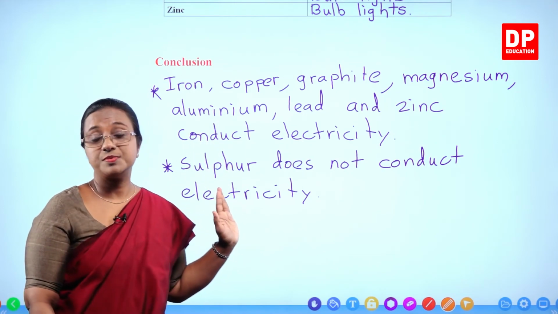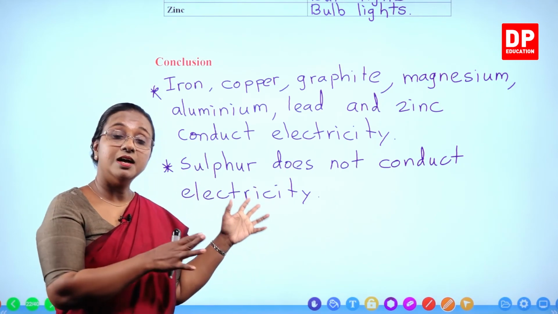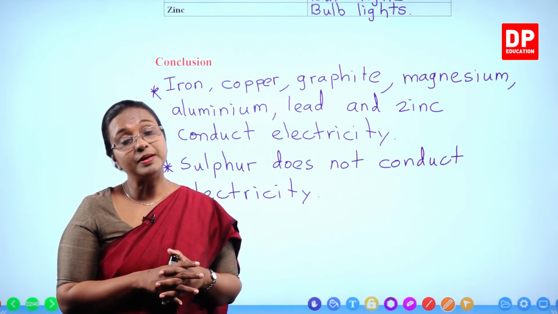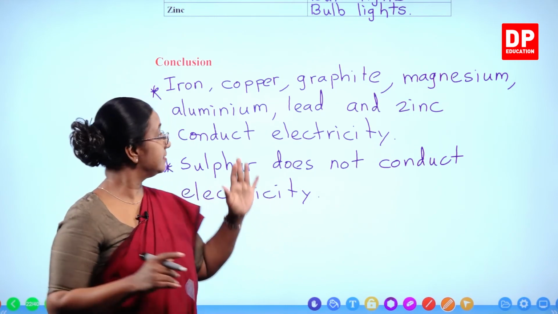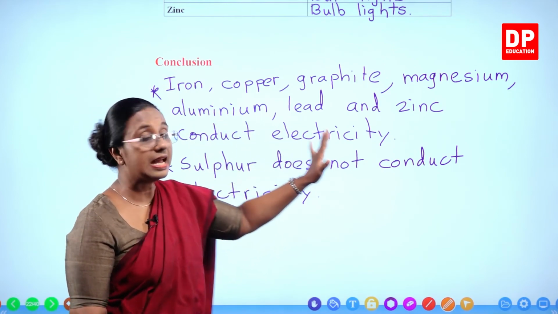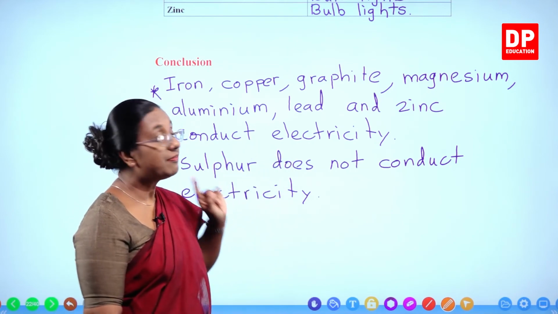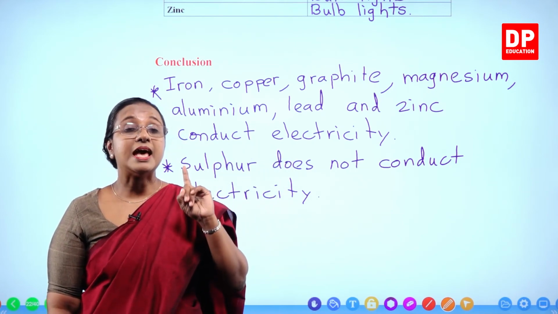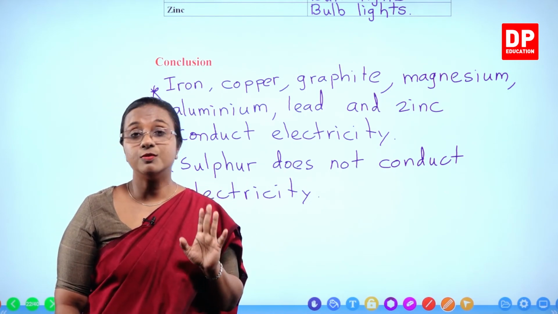But from this observation, students, you can't classify graphite along with zinc, copper and aluminium because those two are different. Graphite is different from the rest. Iron, copper, magnesium, aluminium, lead and zinc, you will see they are all metals. But graphite is a non-metal, but as an exception, it does conduct electricity well.